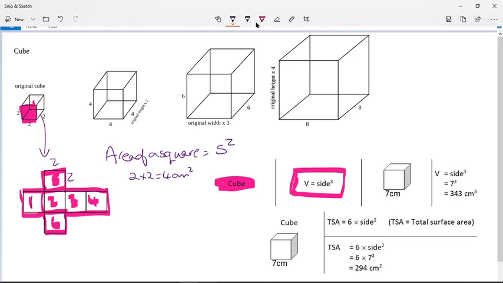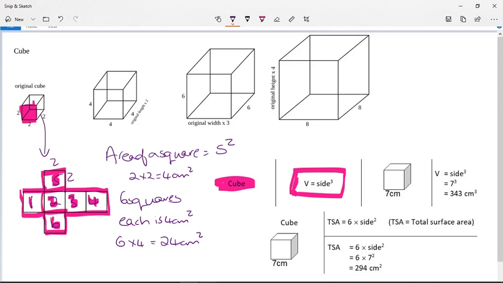But I've got 1, 2, 3, 4, 5, 6 squares. Okay, so if I've got 6 squares and each of them is 4 centimeters squared, how many have I got altogether? 6 times 4, 24 square centimeters. So that is the total surface area of my smallest cube.